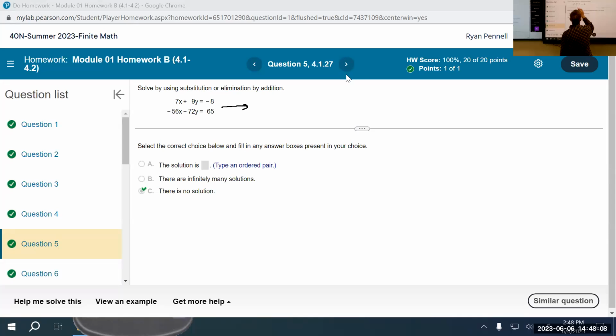So if I do that, let's multiply the first equation by 8. Then I get 56x. 9 times 8, 72. And then 8 times 8, 64. Okie dokie. Now, I didn't do anything to the other equation.